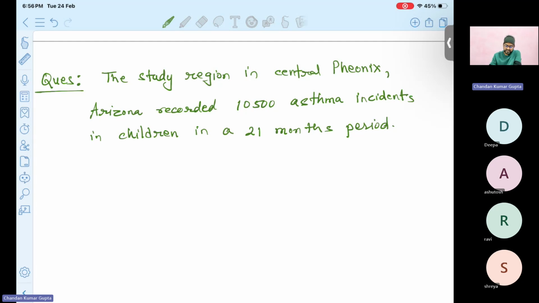Assume that the number of asthma incidents follows a Poisson distribution.